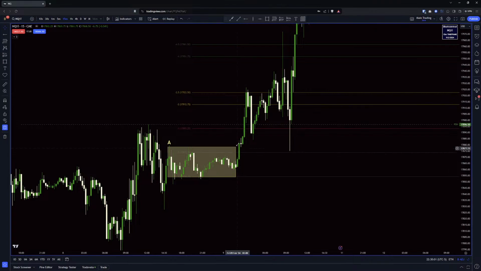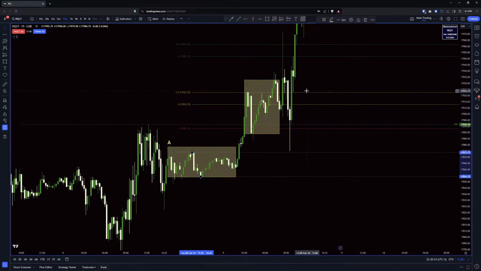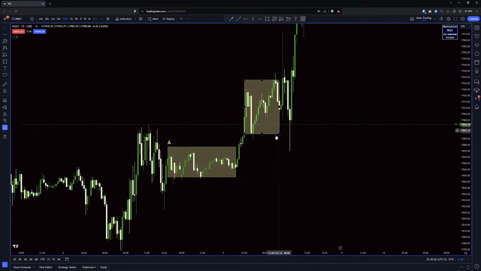We have another little expansion move. And then we have this other bullish accumulation type section here. Now, normally when you start the day, if you're in New York, you see this, you go, wow, manipulation up.